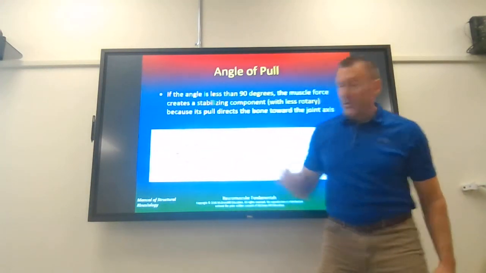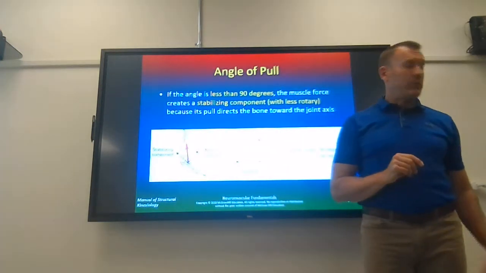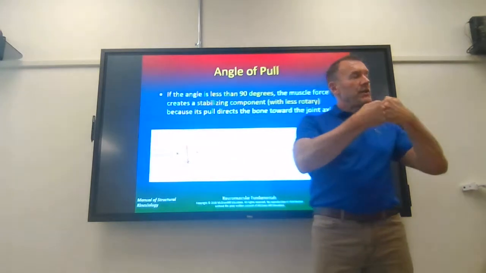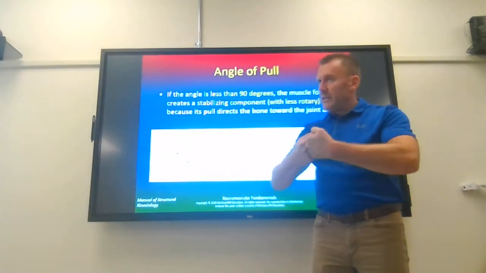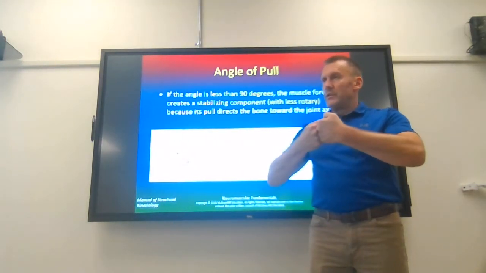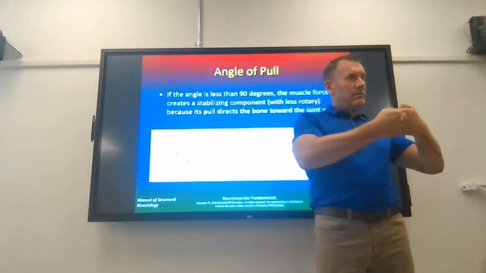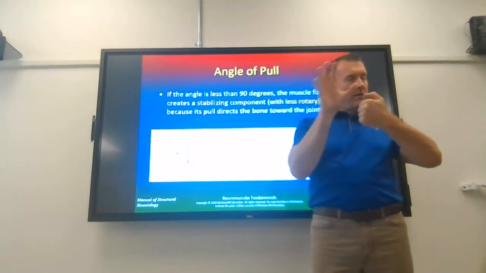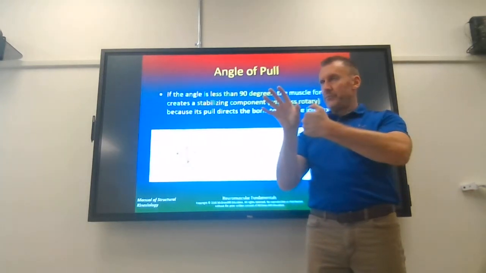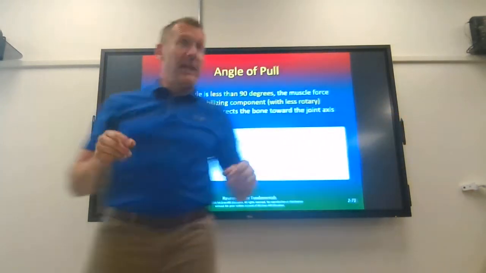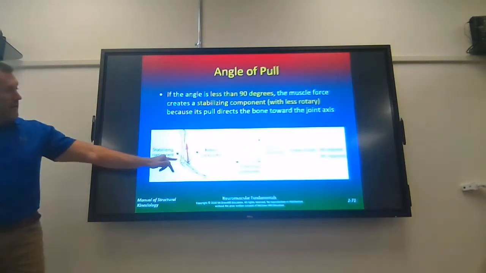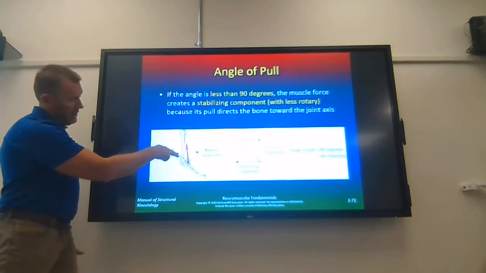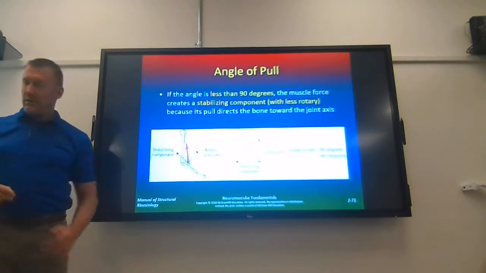The other component stabilizes the elbow joint. So the stabilizing component pushes the radius and the humerus tightly together to stabilize that whole elbow joint complex. So the stabilizing component has nothing to do with flexion of the elbow joint. It's directed this way towards the joint.